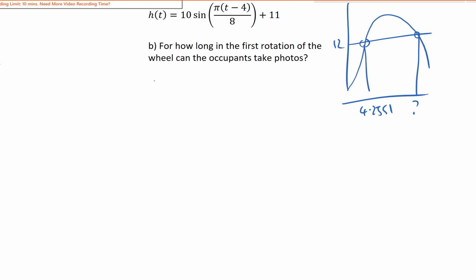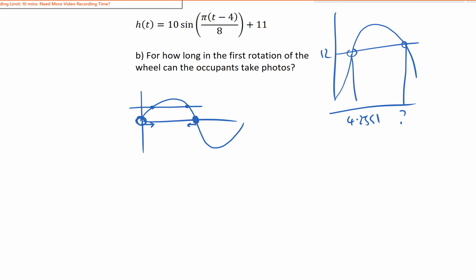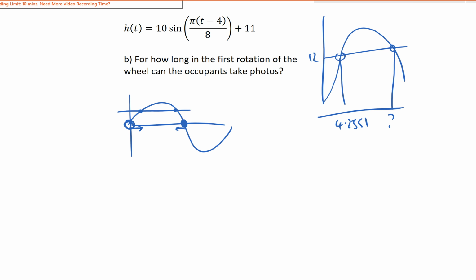Remember when doing these questions with other ones, to solve for those two, we went the 0 number plus whatever it was, the 0 number minus whatever it was. So in this particular occasion, this 0 number here, down at 11, was 4.